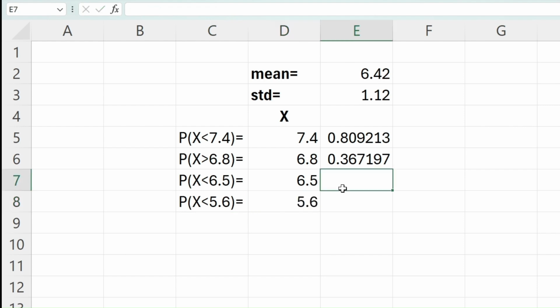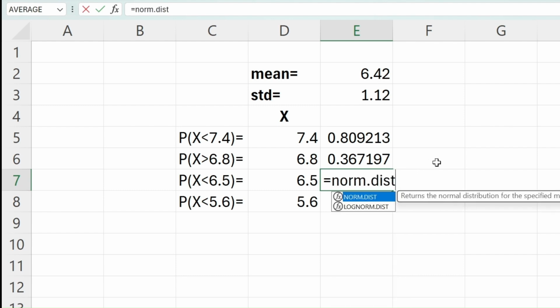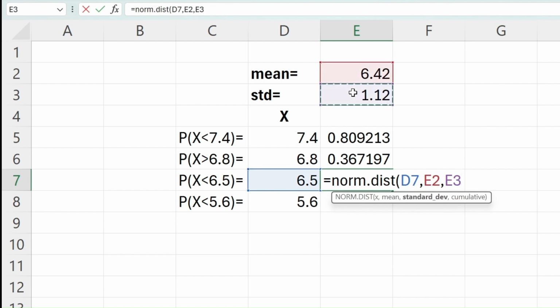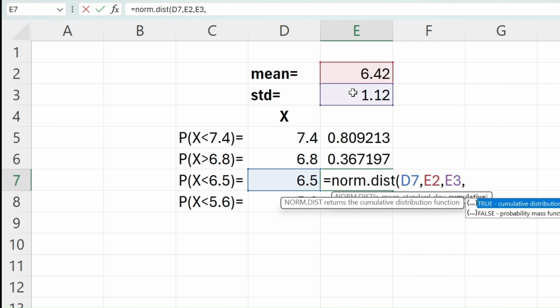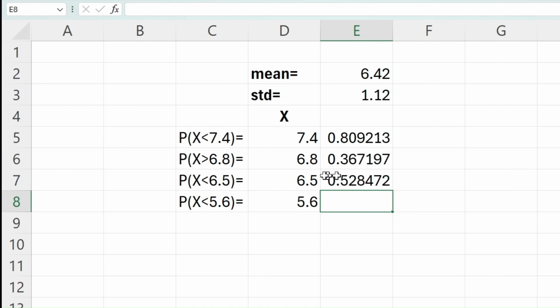Now use the same command to calculate this value, that is equal to NORM.DIST open bracket value of x comma mean comma standard deviation comma cumulative. Yes, for that we will write true, and then close this bracket, press enter. In this case we are getting the probability approximately equal to 0.52.